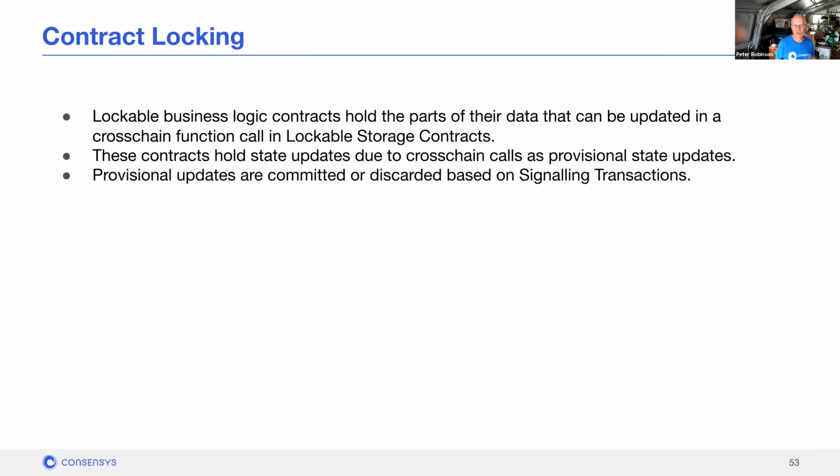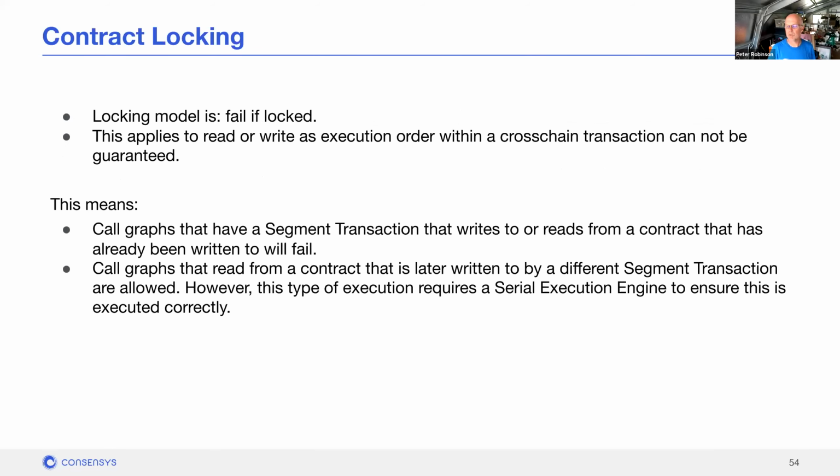So that you can do all these cross-blockchain updates and have them atomic, you need to do some level of locking. And so you have lockable business contracts. The state updates are held as provisional updates until they're committed. And the locking model that is used is fail if locked. So if you try to read or write to a locked contract, it's going to fail.